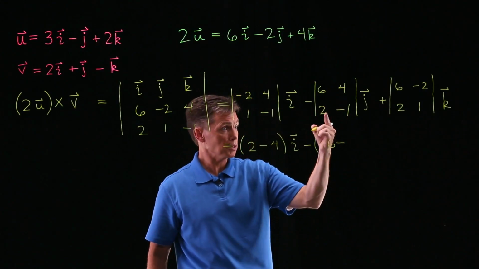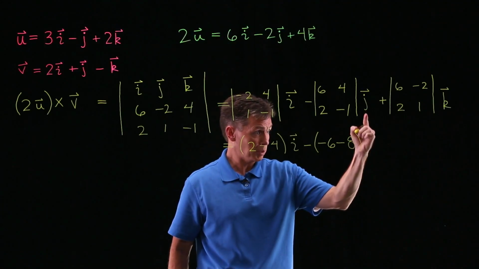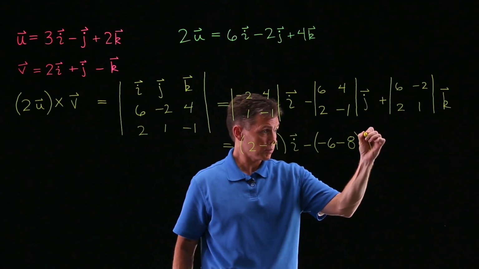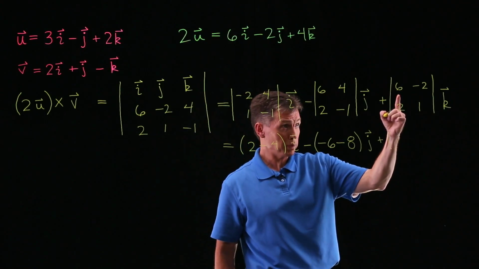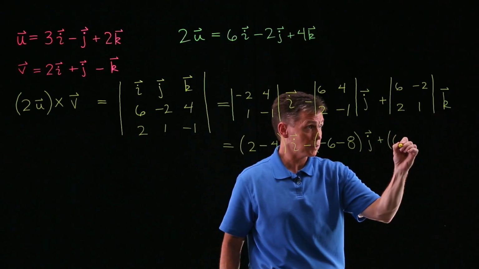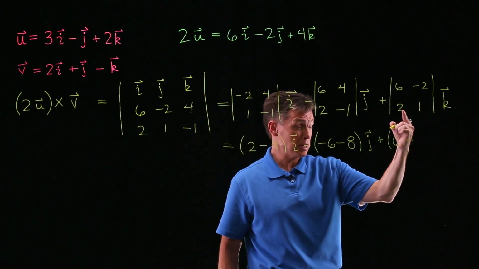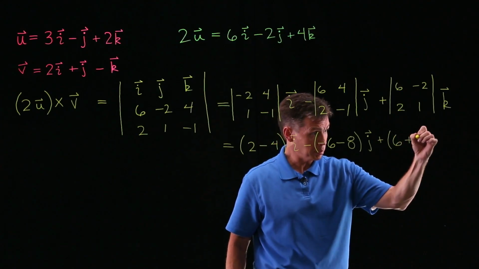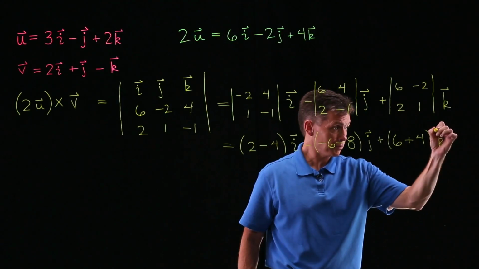Subtract 4 times 2 is the 8. And that's going to multiply by this j vector. Plus, and then the crisscross pattern for our last little matrix is 6 times 1 is 6. Subtract negative 2 times 2 is negative 4, so that's going to become a plus 4 times that k vector.